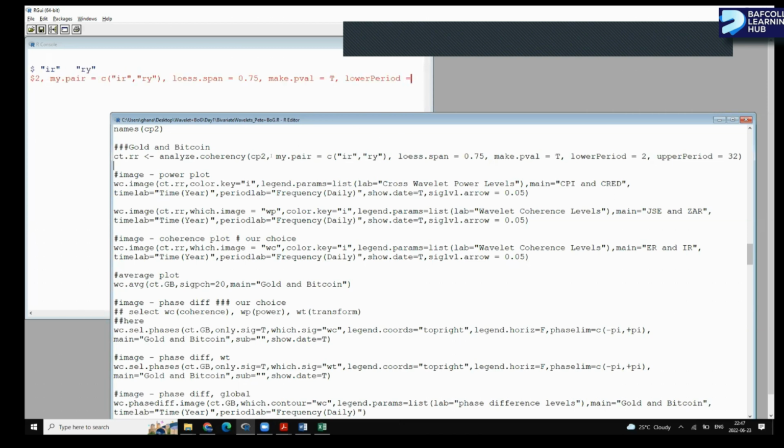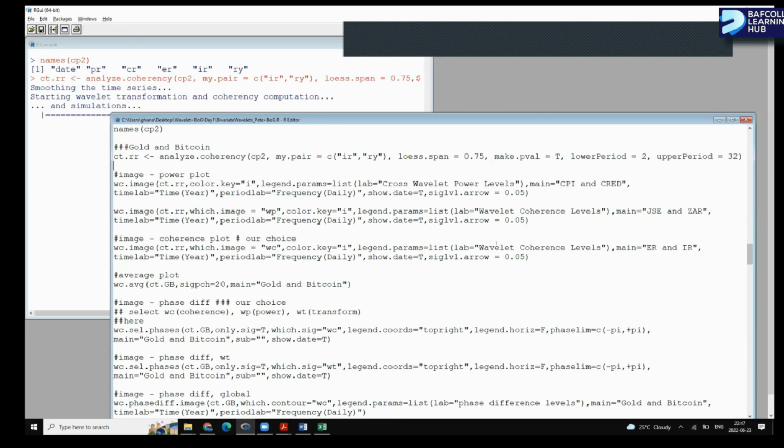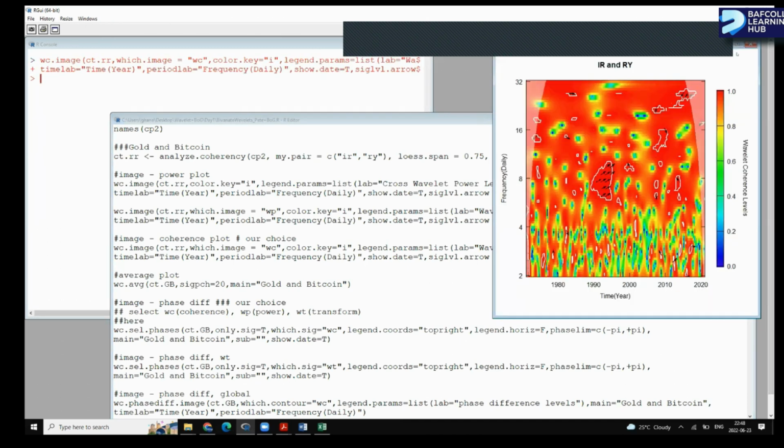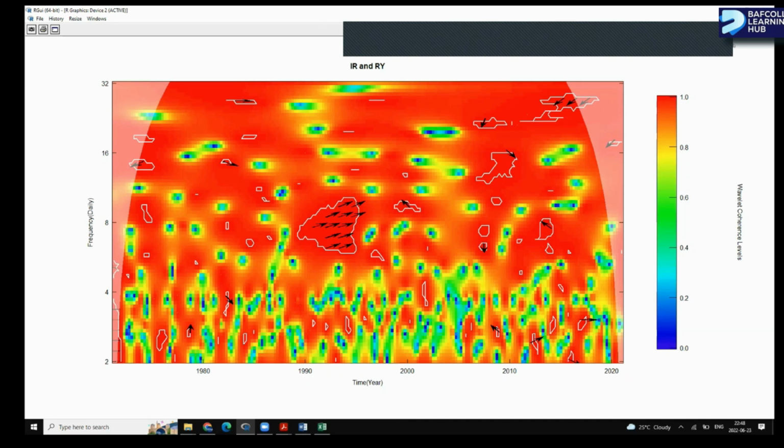Okay, let's decompose. And then let's plot IR and RY. You can give it your proper names when you are doing your work to make them descriptive. This is very similar to the other.